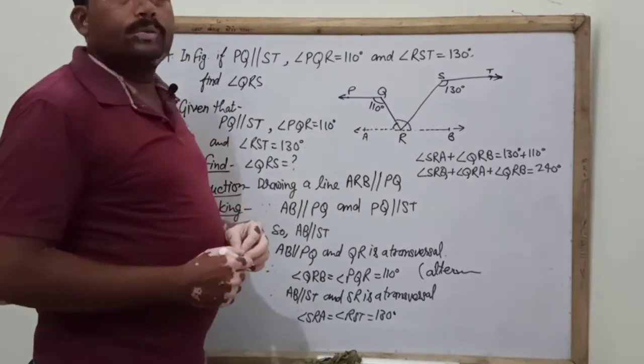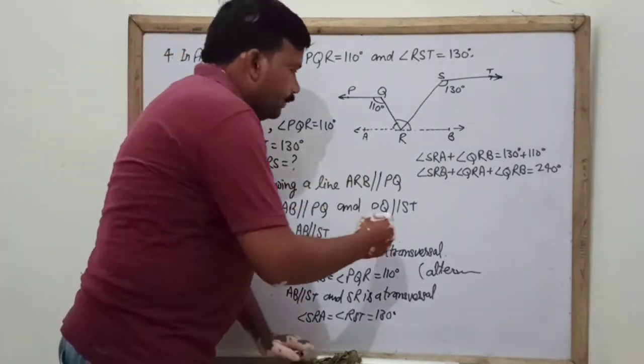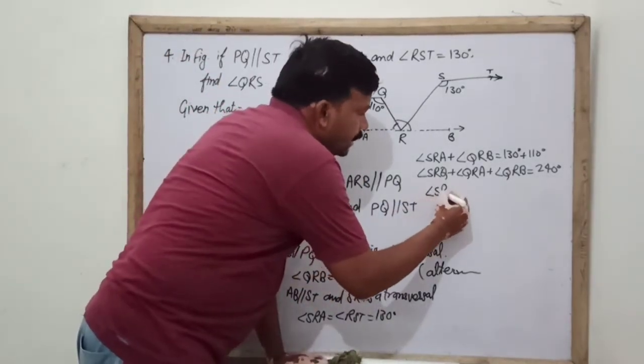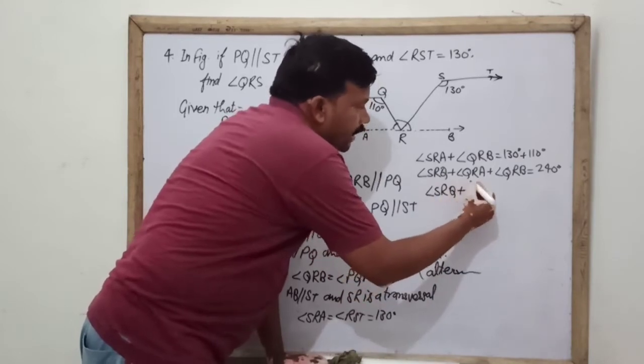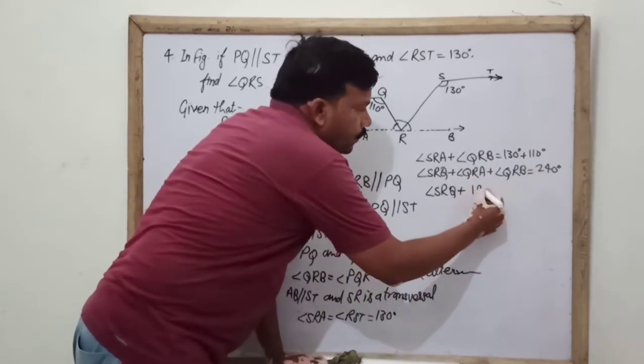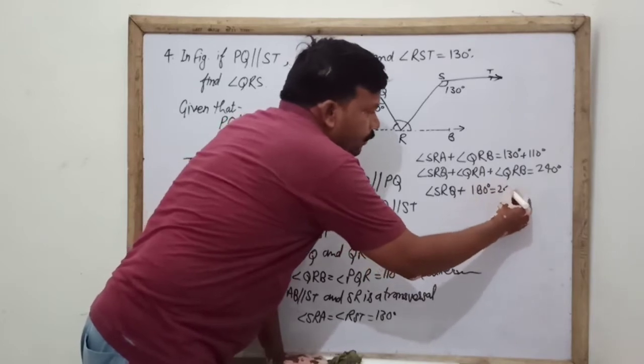So the sum of those two angles is always 180 degree. So we can write here angle SRQ plus these two angles, value 180 degree, equal to 240 degree.